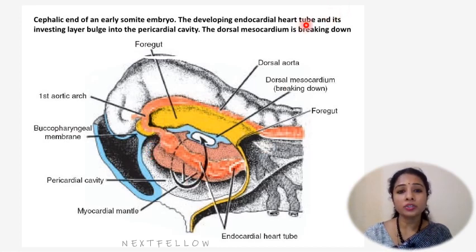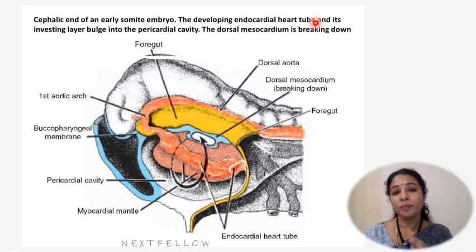Therefore the heart consists of three layers: endocardium, which is derived from the endothelial lining of the heart tube; then myocardium, formed by the myocardial mantle of cardiac muscles from the splanchnic mesoderm; and epicardium from the visceral pericardium, which is derived from the mesothelial cells of the splanchnic mesoderm, and which also is involved in the development of coronary arteries.